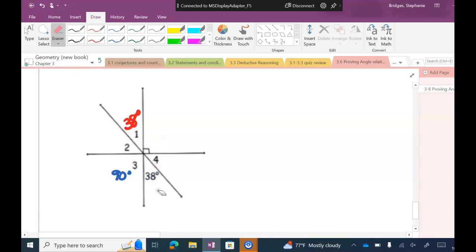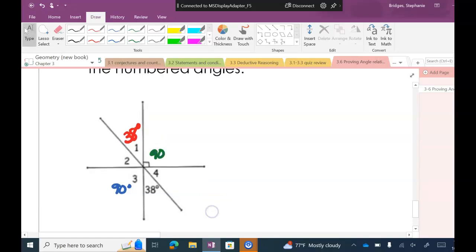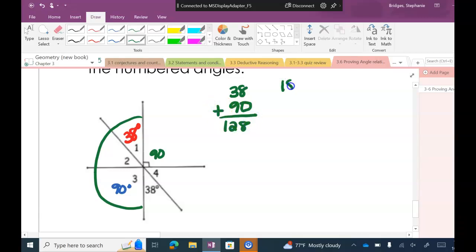Those of you who used 180: angles 1, 2, and 3 give me 180 because they're a straight line. So we can add the 38 and the 90, and that gives me 128. And I can subtract that from 180, and I get 52, right?